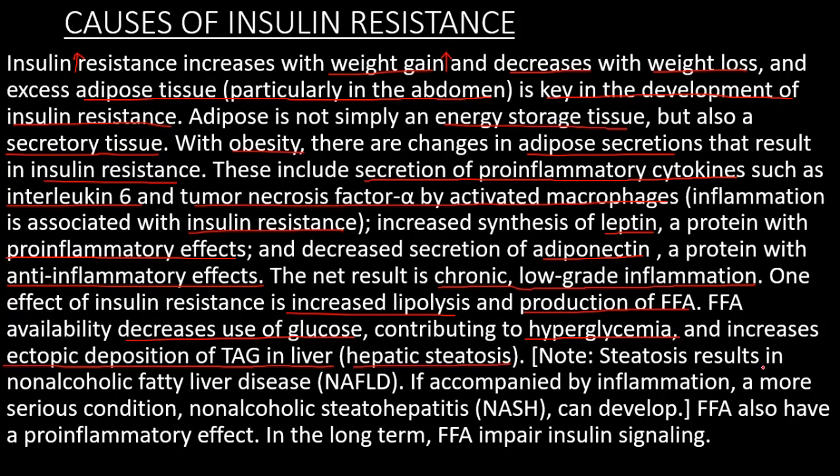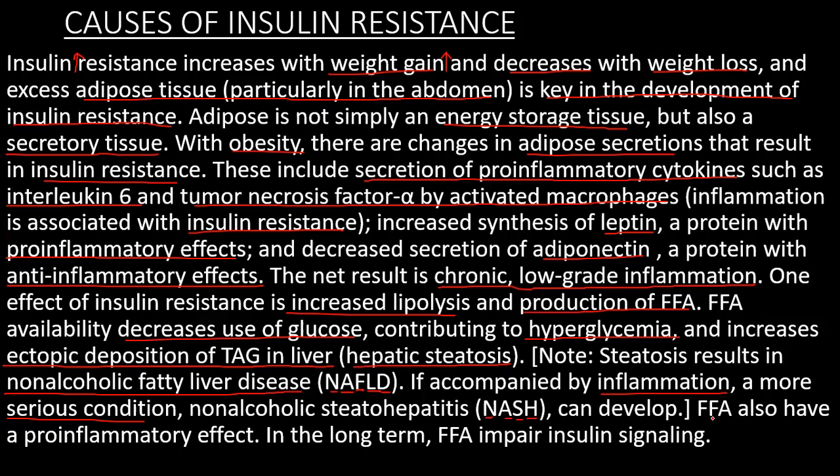Now, steatosis results in a disease known as non-alcoholic fatty liver disease. And if the non-alcoholic fatty liver disease is accompanied by inflammation of the hepatocytes, a more serious condition might develop, which is known as non-alcoholic steatohepatitis.